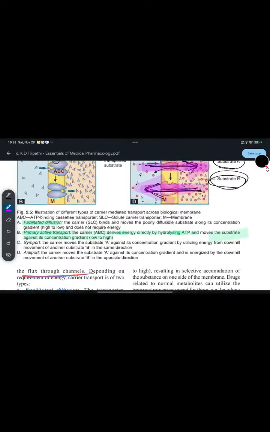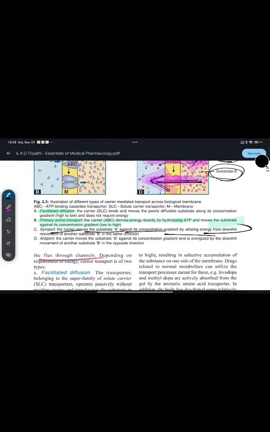Now you see, if you read that, in symport the carrier moves substrate A against the concentration gradient by utilizing energy from downhill to uphill movement of another substance B in the same direction. Whereas in the case of antiport, both the substances are moving in opposite direction.